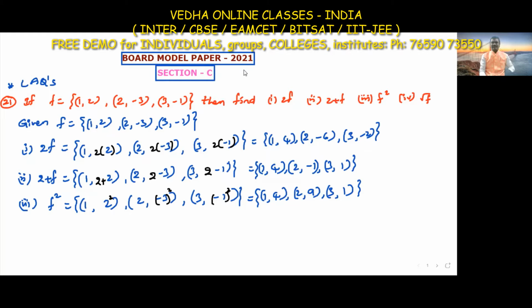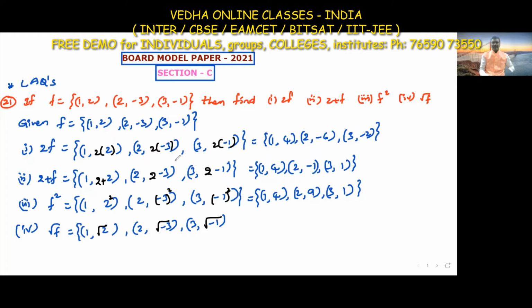Now the last one, root f. The fourth one is we have to find root f. Root f means take the root on the second number again. I am writing (1, 2), (2, -3) and (3, -1). Now I am taking the root of the second number.